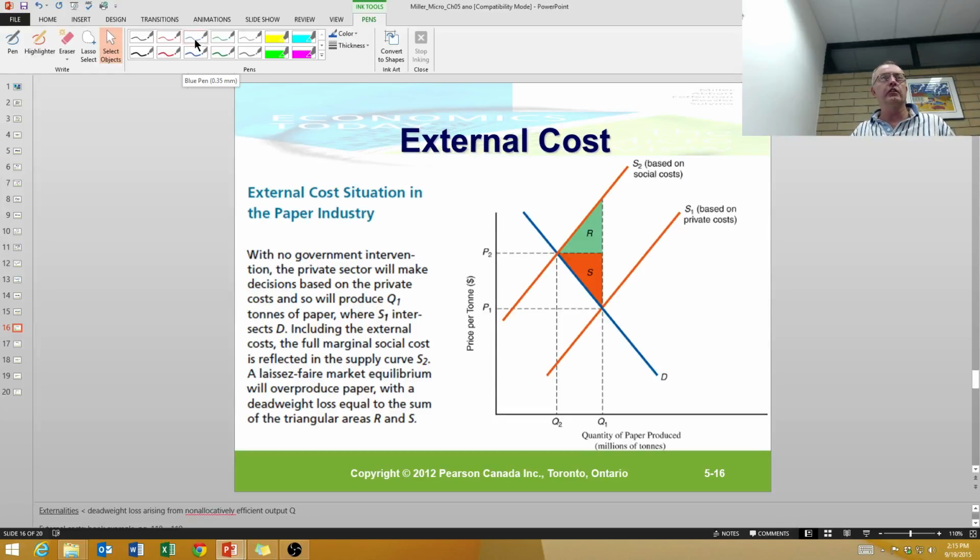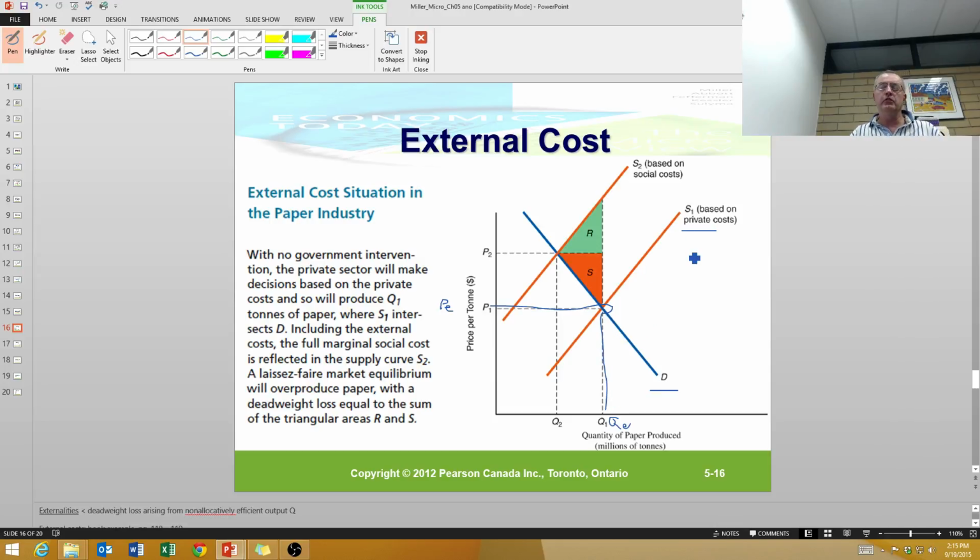So here's our demand curve for our product. Here's the supply curve from private industry. Here's our equilibrium price and our equilibrium quantity. So that's the private market in operation.